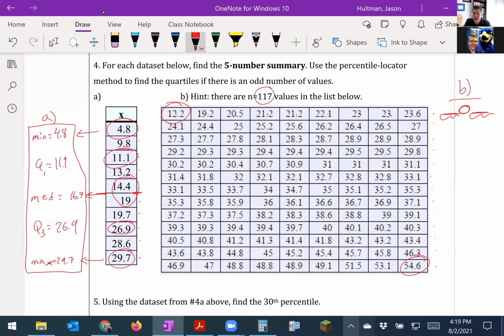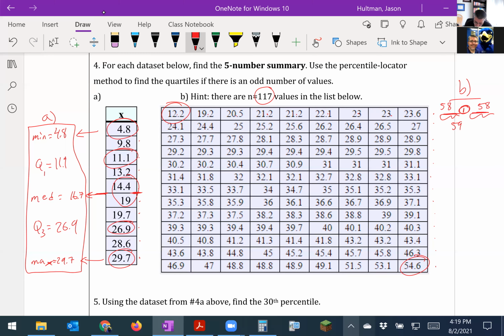So 116 divided by 2 is, I believe, 58. So there's going to be 58 values over here, 58 values over here, and 1 value in the middle. And that's going to give me the 59th value here, which is going to be my median.